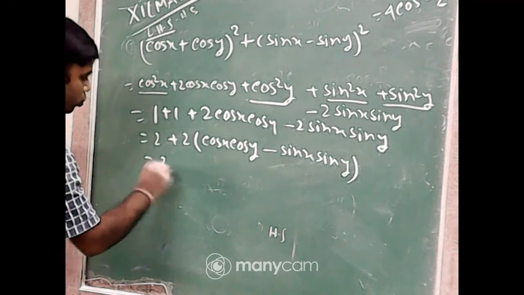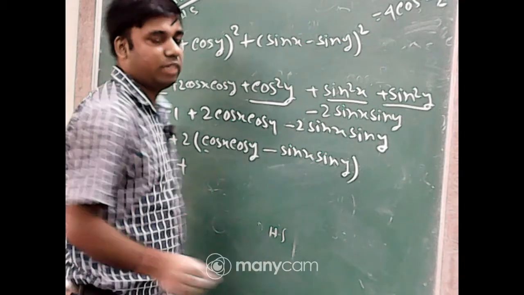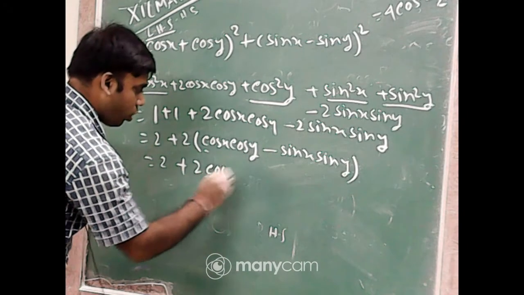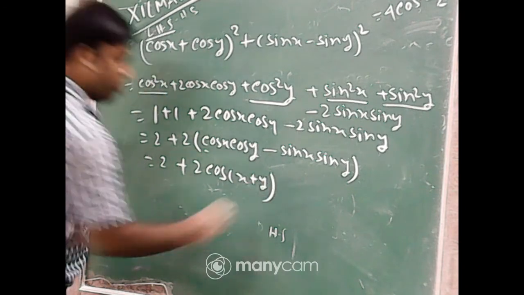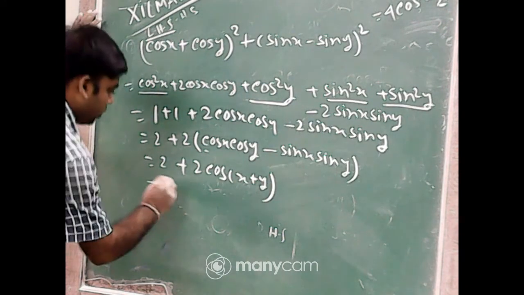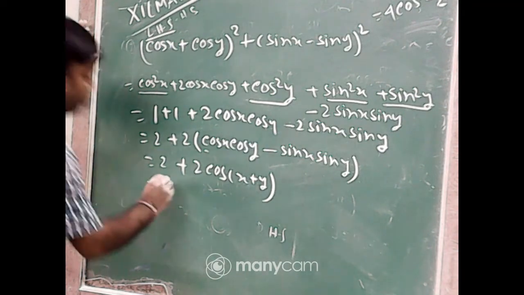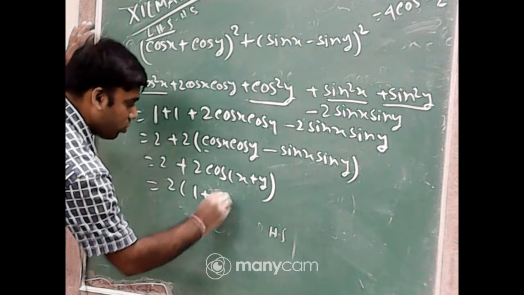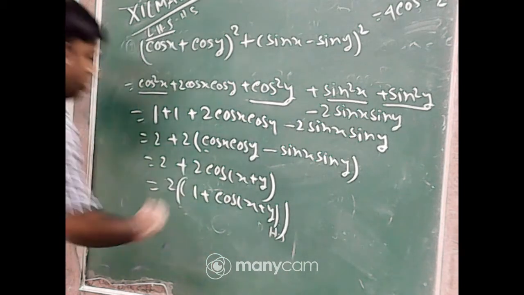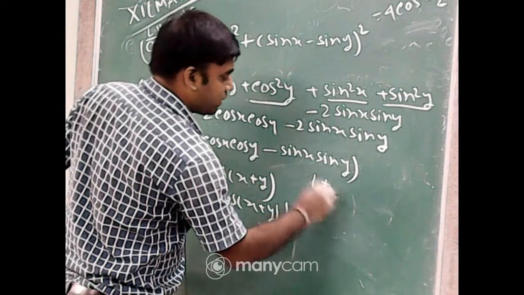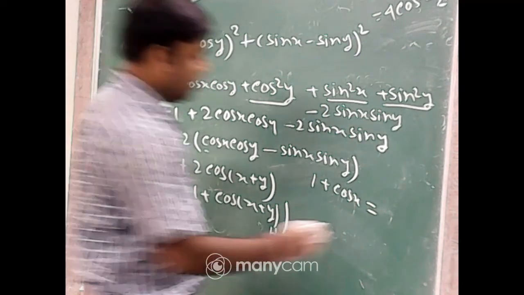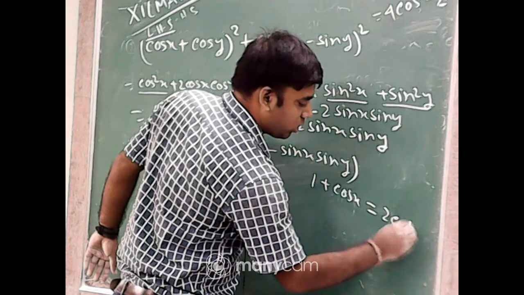Now cos a cos b minus sin a sin b, here it is minus, so the formula gives 2 cos of x plus y. Now taking 2 common, that is 2 times 1 plus cos of x plus y. What is the formula of 1 plus cos x? That is 2 cos square x by 2.